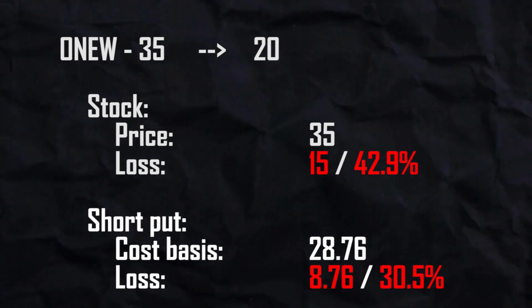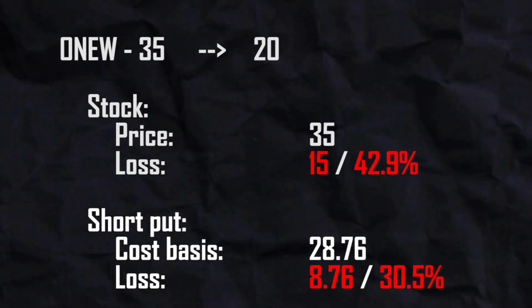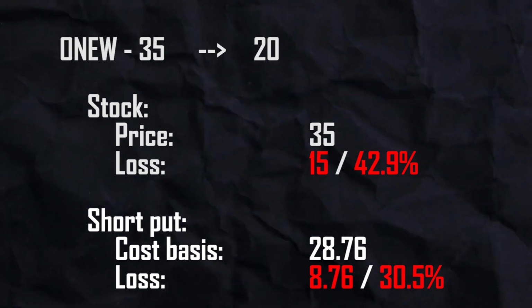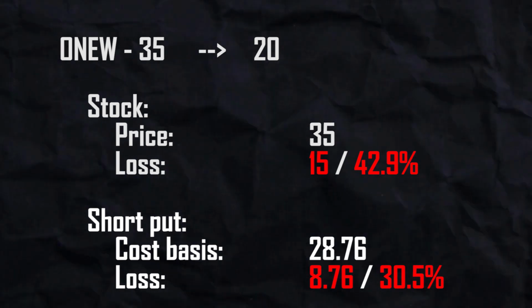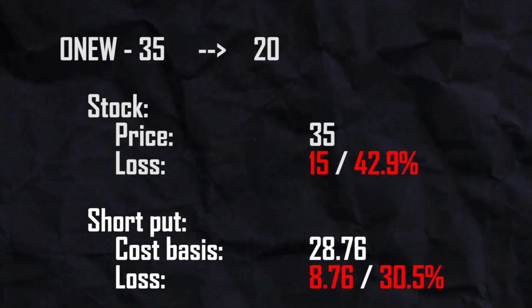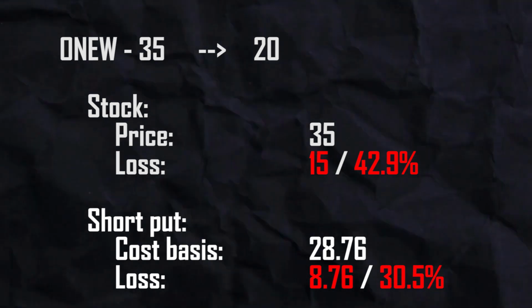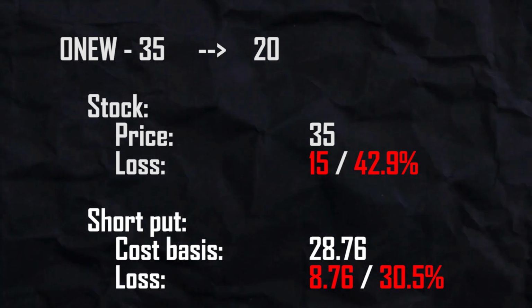Because the premium we received for selling the put option lowers our cost basis, we would only be down the $15 less the premium we received. So using this put option strategy, we can lower our downside risk while still maintaining high upside potential.